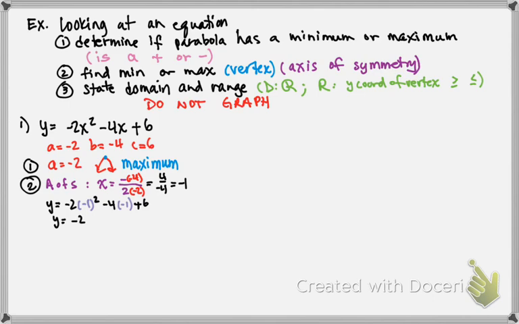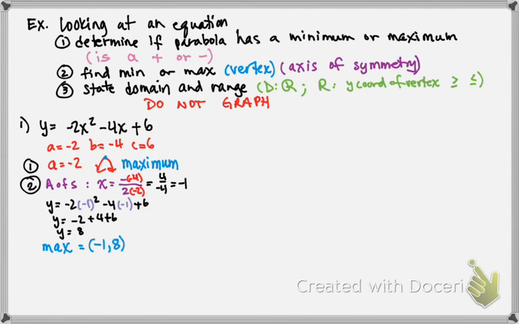Negative 4 times negative 1 is positive 4, plus 6, and I get y equals 8. So my maximum is located at negative 1, 8.